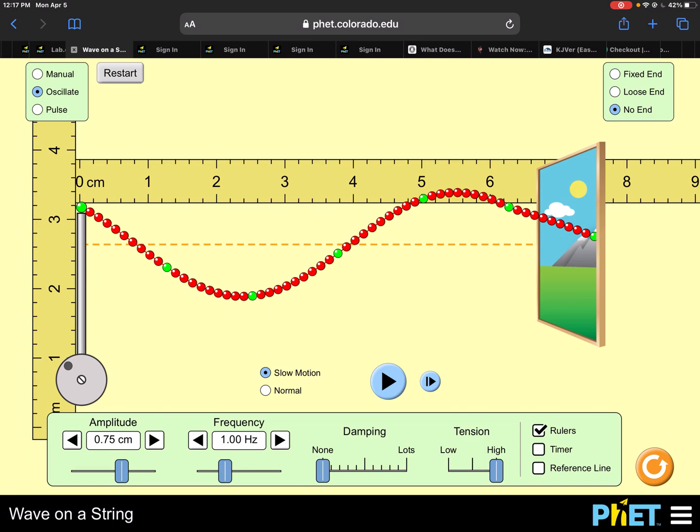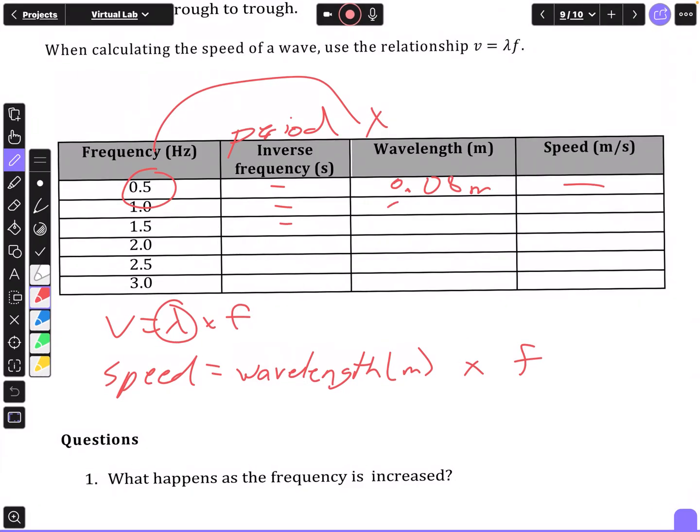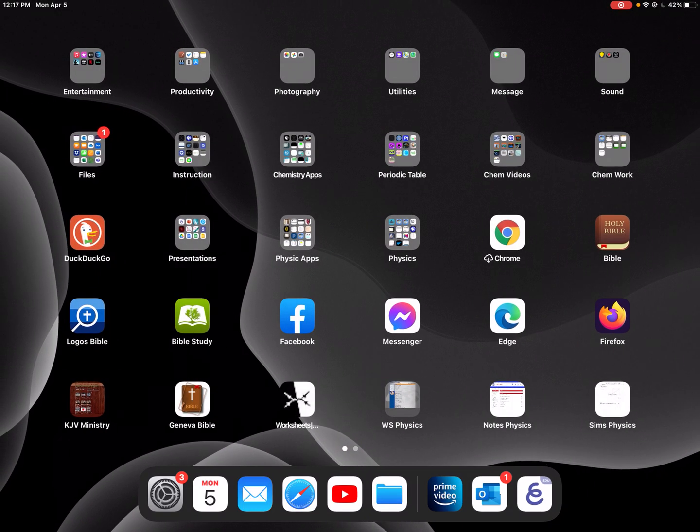It starts at 0, which makes it an easy measurement. So I'm going to say this is 5 centimeters between crests, and 5 divided by 100 would give you 0.05.